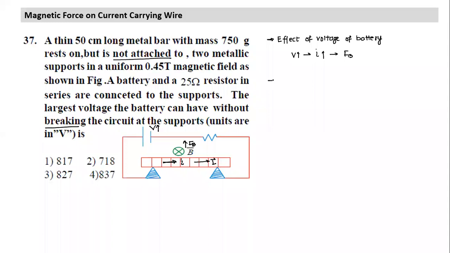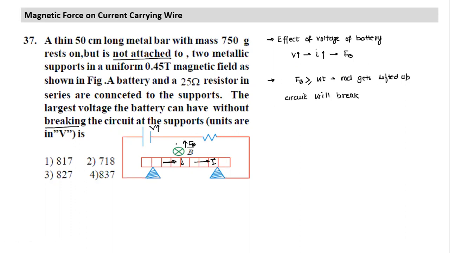Now, at some point in time, what will happen when FB becomes just greater than the weight? The rod will separate from the support and get lifted up. And when it gets lifted up, the circuit will break.